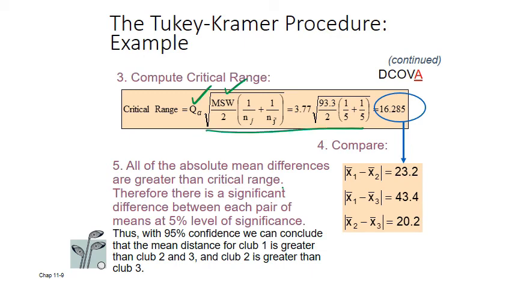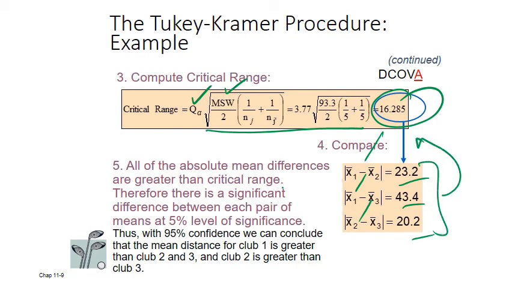Now compare this critical range with all the absolute differences. All these numbers are greater than the critical range. So we conclude that there is a significant difference between each pair of means at the 5% level of significance. If they are not greater, then we will say that these two means are close to each other.